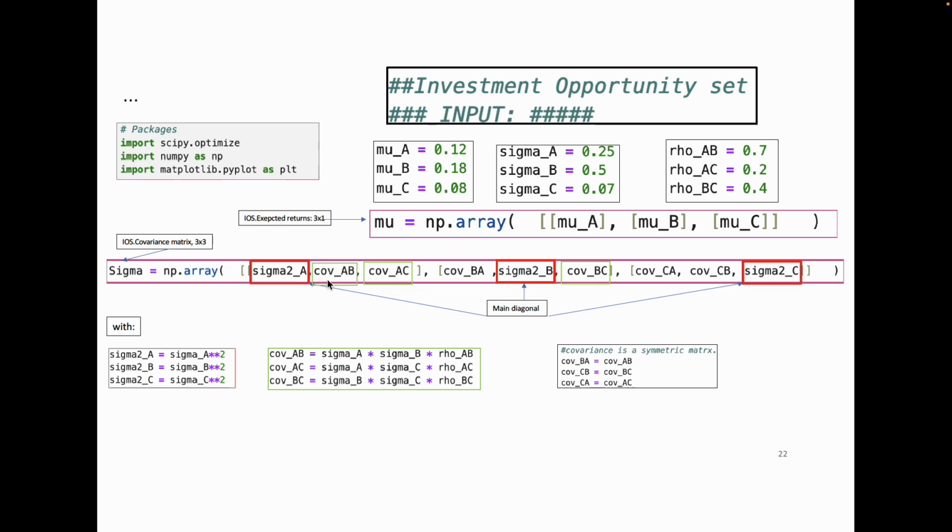So I have covariance AB, and I have covariance BA. So I compute covariance AB here, sigma A, sigma B times the correlation rho. And then for covariance BA, I simply assign covariance AB to be also covariance BA. And then I'm using it here. So that way I'm building up my covariance matrix.